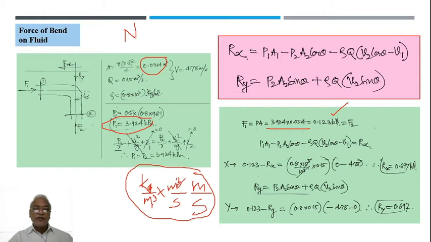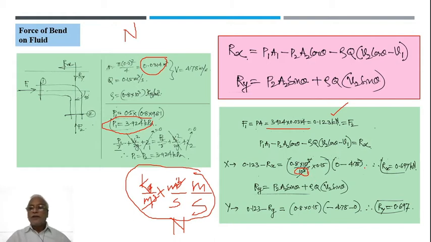Now the meter cube cancels, and you will be left with kg meter per second squared, which is nothing but Newton. That's why I was telling you Newton has to be used. Now because I have used kilonewton on the left hand side, I have to convert this Newton into kilonewton. That's why I have divided by 10 raised to 3 to convert everything into kilonewton.